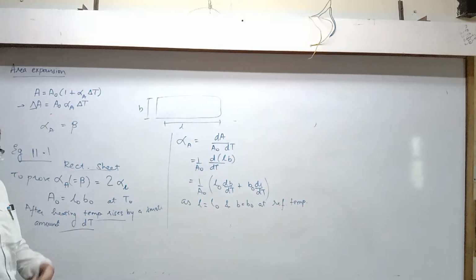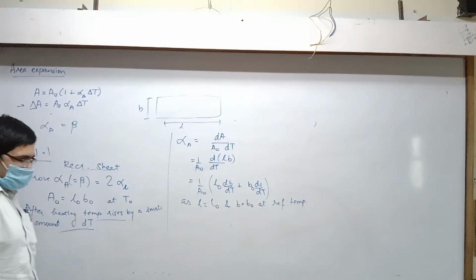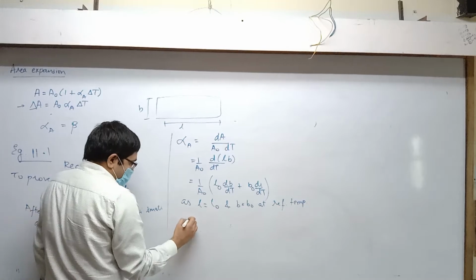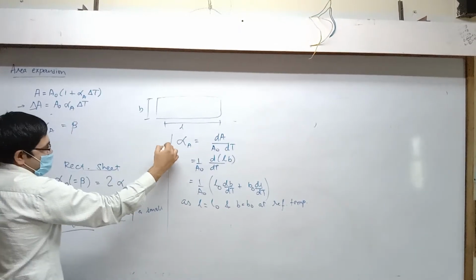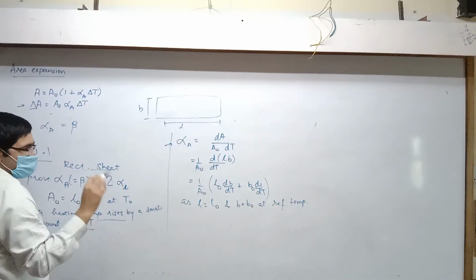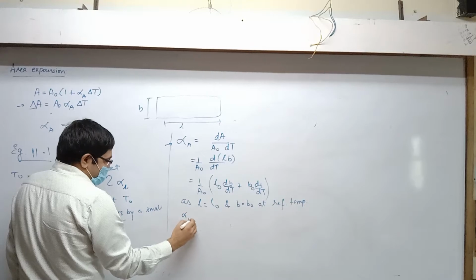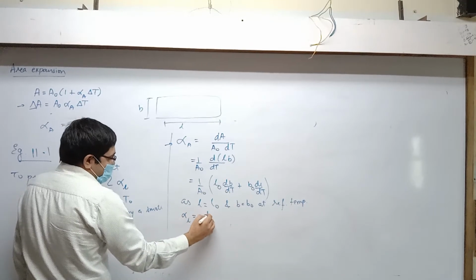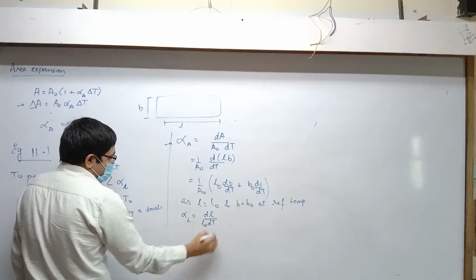Further, dB by dt, dL by dt, what's proper? Let's have it. Do you agree that just like we wrote this for length, for area, do you realize that similarly, I can write a relation for length as dL by L0 dt?